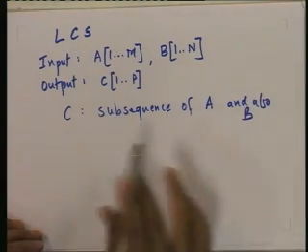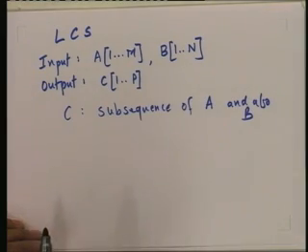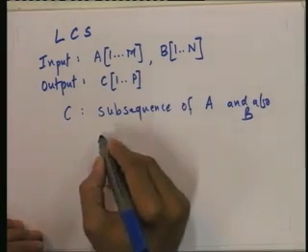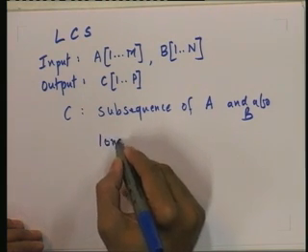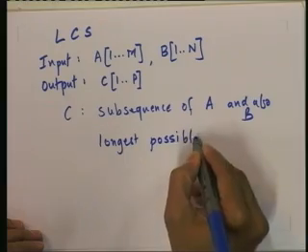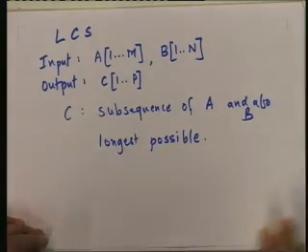I will define subsequence more formally in a minute. So, C should be a subsequence and we want C to be the longest possible subsequence. So, this is our problem.